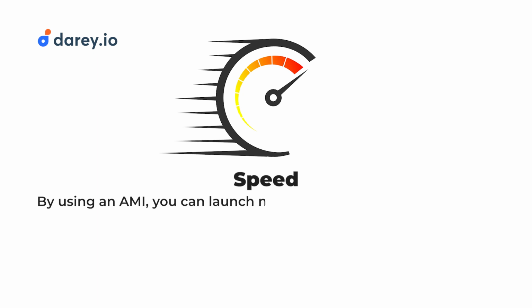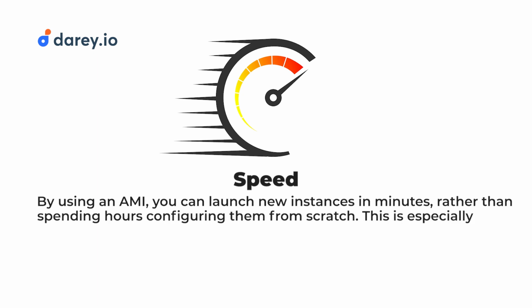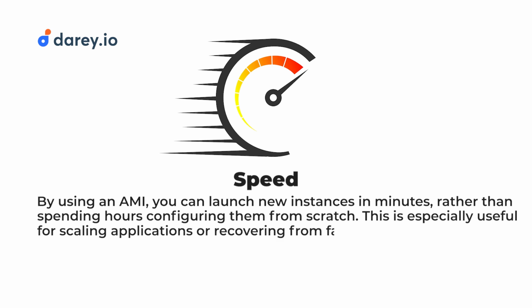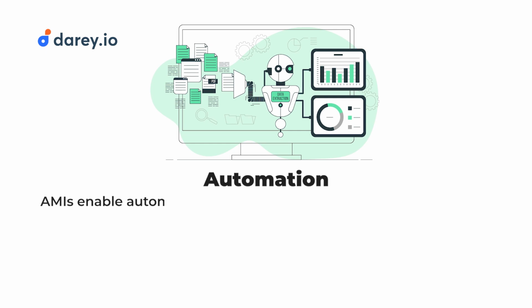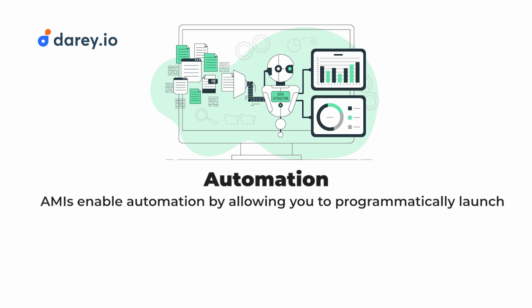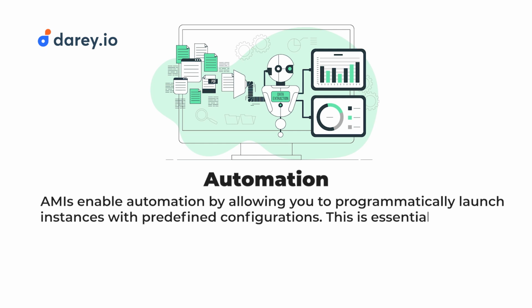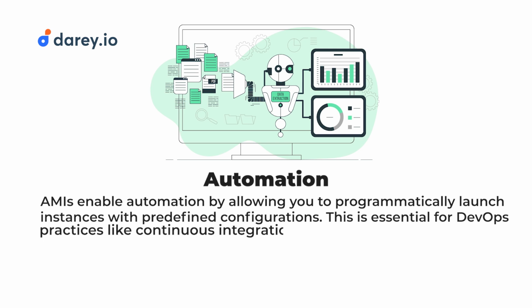By using an AMI, you can launch new instances in minutes rather than spending hours configuring them from scratch. This is especially useful for scaling applications or recovering from failures. Automation. AMIs enable automation by allowing you to programmatically launch instances with predefined configurations. This is essential for DevOps practices like continuous integration and continuous deployment, CI/CD.